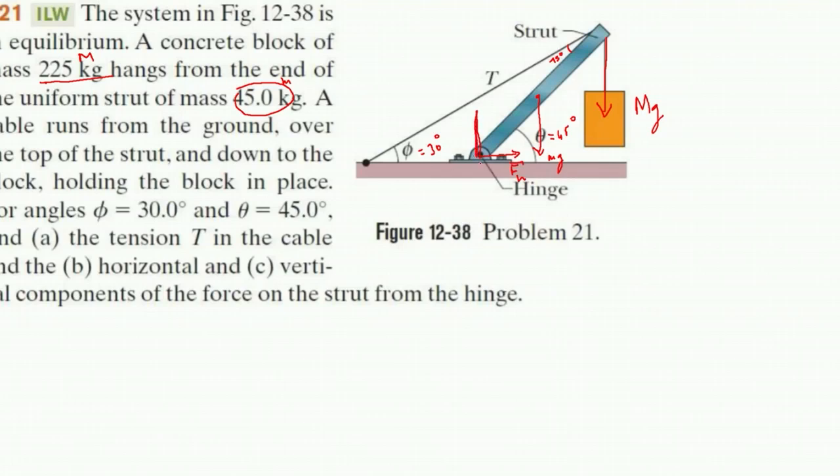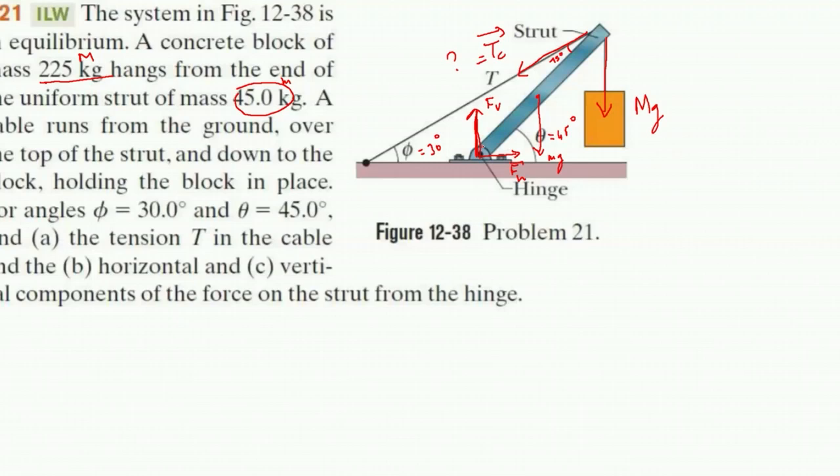It's normal to this surface. And here I will have the tension of the cable. So the first question is to get this tension, and the second question is to find this FH and FV. This is the free body diagram on my beam.